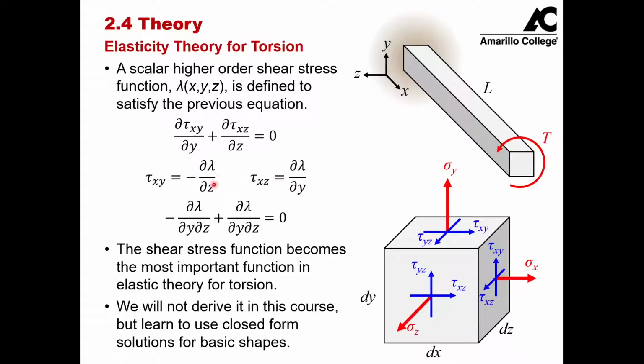So if I then take the derivative of tau xy with respect to y, and I take the derivative of tau xz with respect to z, I end up with this derivative of lambda, this higher order function dy dz, plus this negative sign, plus that same derivative of lambda dy dz is going to be equal to 0. So this does in fact satisfy that differential equation. So these equations right here are how I define this higher order differential equation.